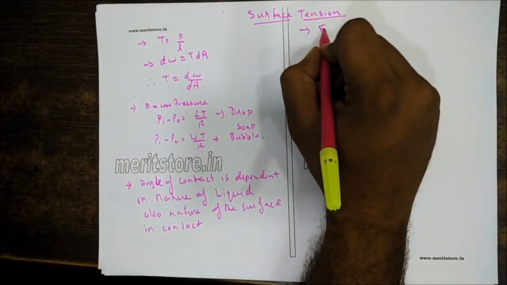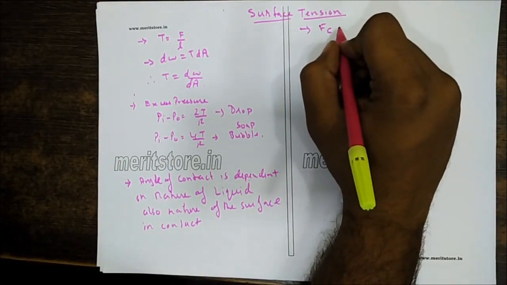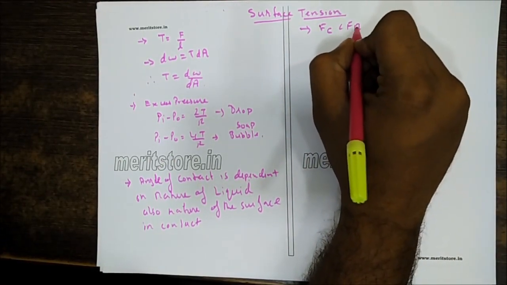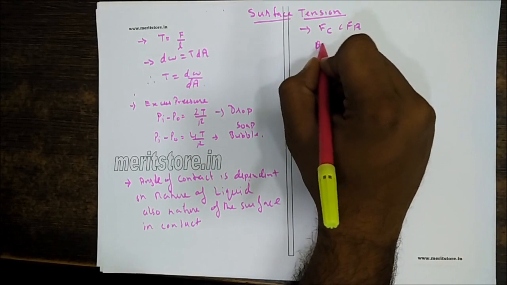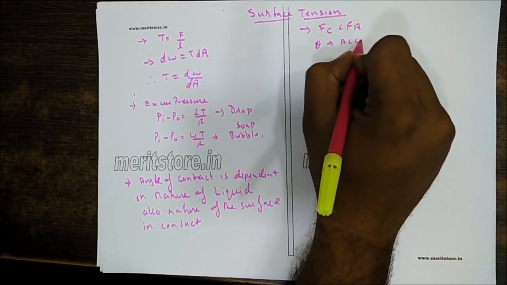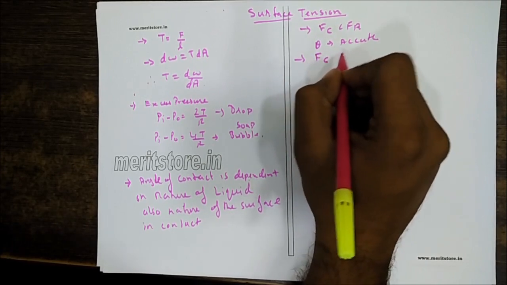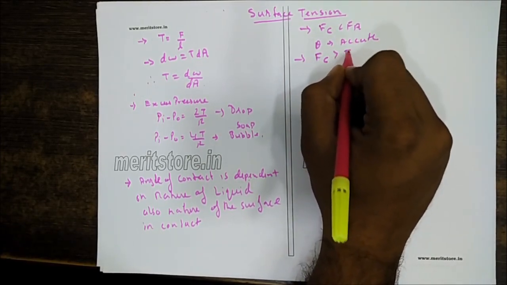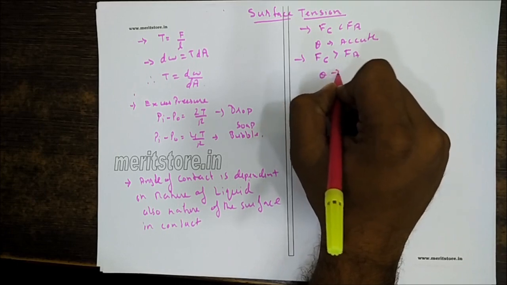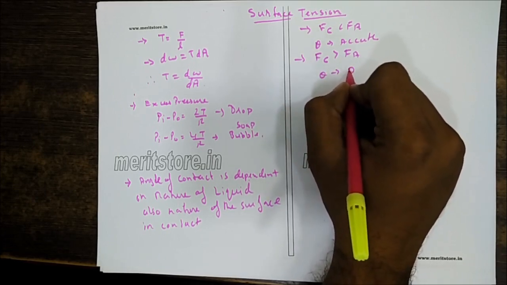If the force of cohesion is less than the force of adhesion, the angle of contact is acute. If the force of cohesion is greater than the force of adhesion, the angle of contact is obtuse.